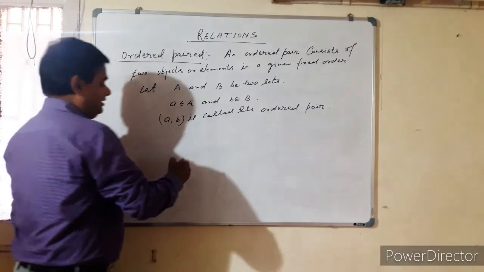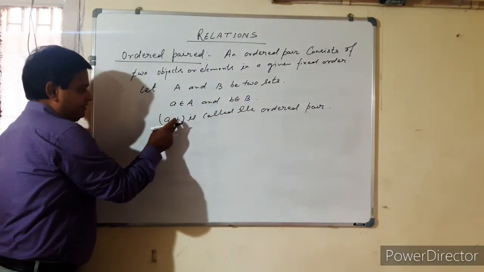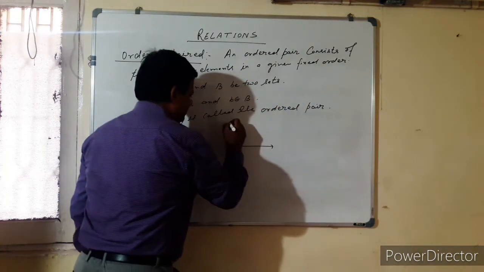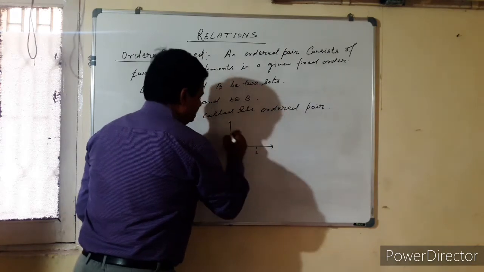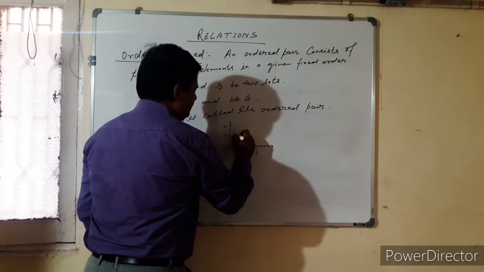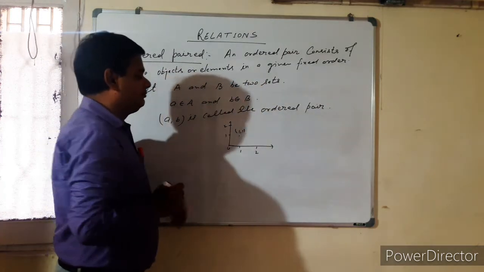So it means, see here, this represents the x coordinate and this one represents the y coordinate. For example, see here, 0, 1, 2, and here 1, 2. Suppose this is the point 1, 1. So this is the ordered pair (1, 1).